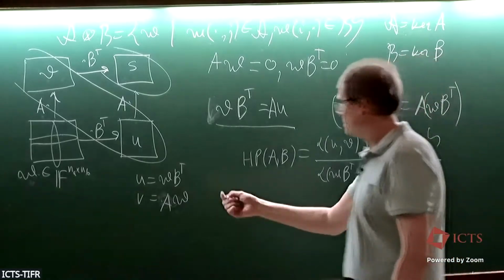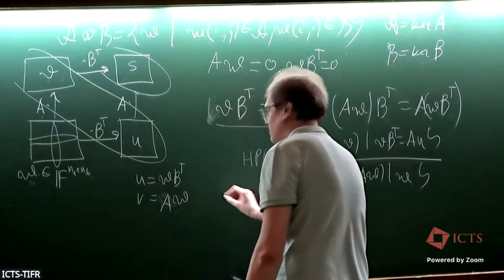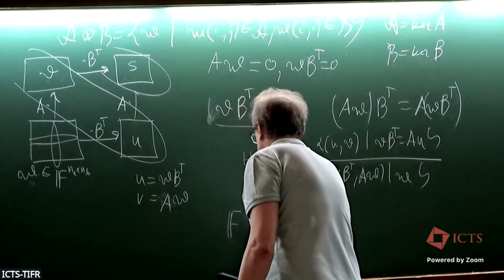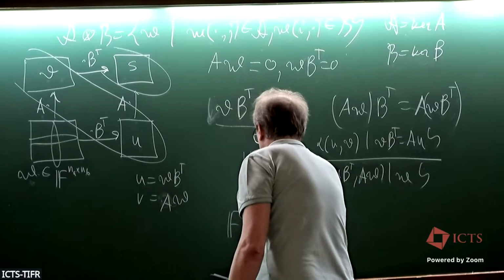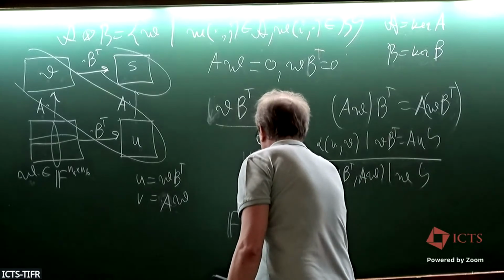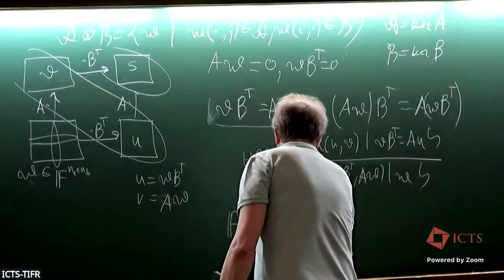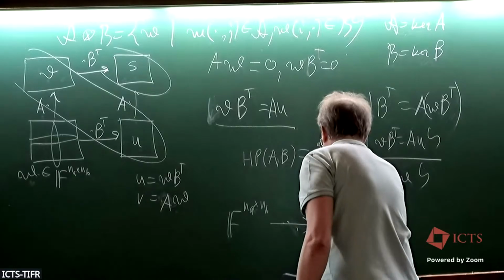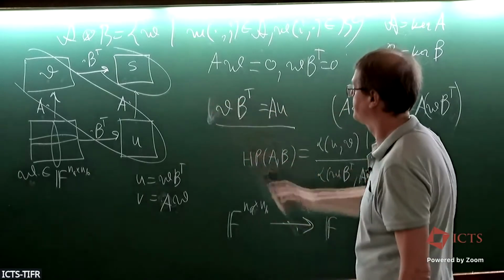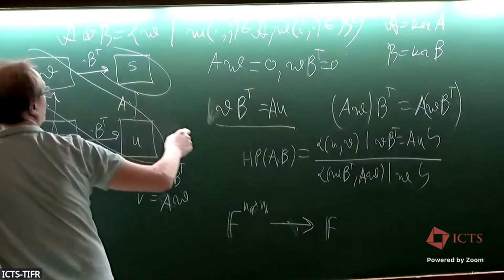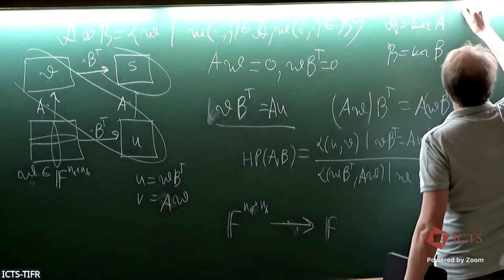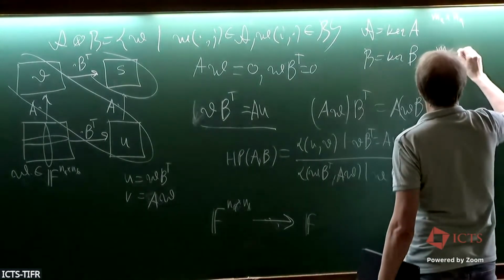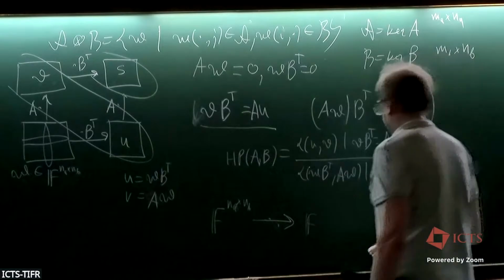Okay. And if you need a chain complex, directly see this chain complex, then it is the following. So it's F^{NA by NB}. Here we have F, what's the parameters here? So we assume that this is an MA by NA matrix, and this is an MB by NB matrix.